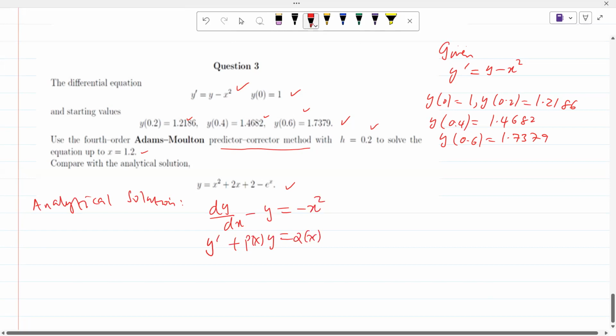Normally this is done in first year calculus, and this differential equation can be written like this in the form p and q. But we note therefore that our p is what? Is -1, and our q is minus x squared.